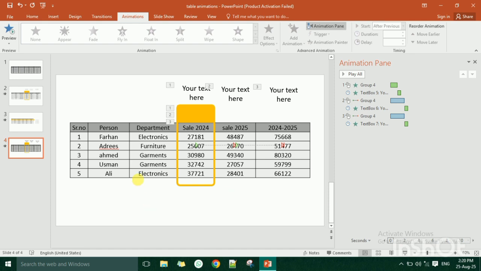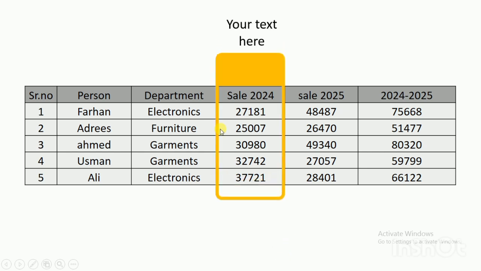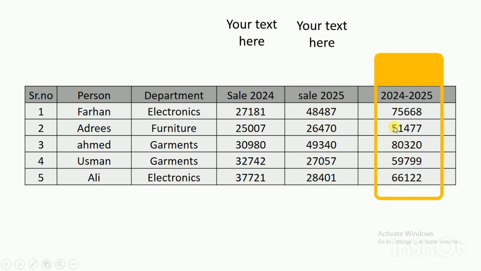So our whole animation is ready. Let me show you the preview. On the first click, the frame comes in and your text comes here, and on the next click the frame moves forward and your text comes here, and on the third click your frame moves to the next column and your text comes here.